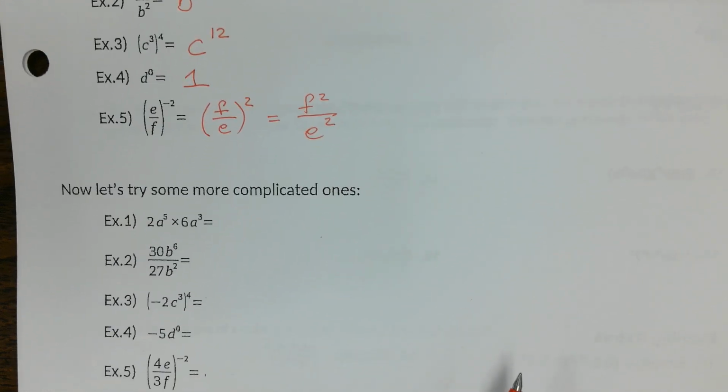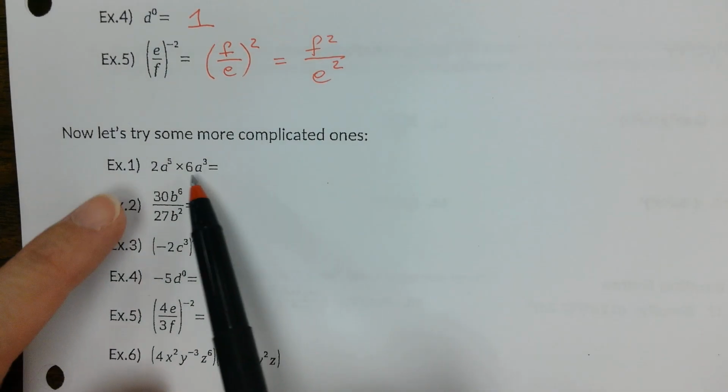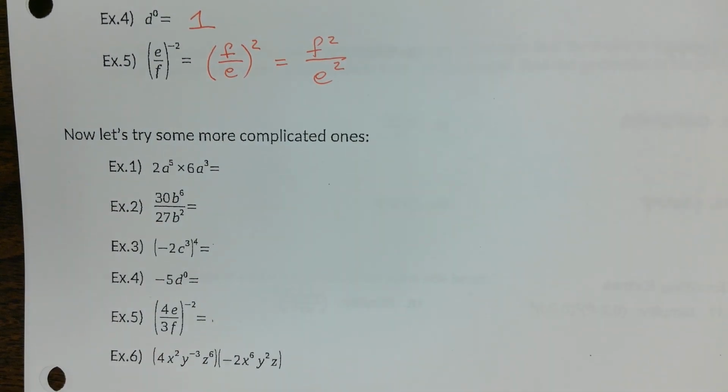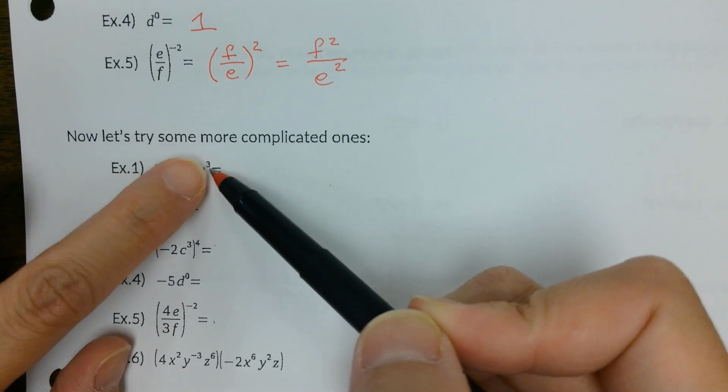Okay, now let's try some more complicated ones. Just a little bit up the challenge. So this right here, what's my base? A. Base only refers to the part that has an exponent.